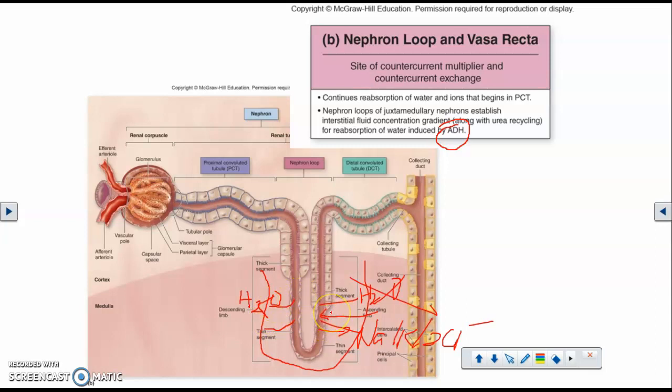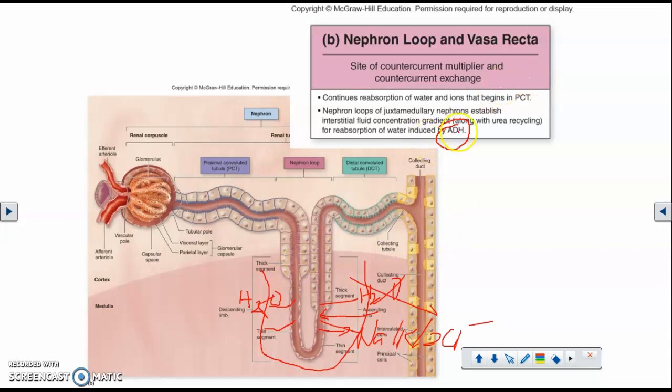Remember, hypertonic, hypotonic, isotonic. So if you make a hypertonic solution by having a lot of solute, sodium, potassium, and chloride ions in the blood, water follows because of osmotic pressure. If you do not reabsorb too much sodium, potassium, and chloride, then not a lot of water follows. So this is another way for you to control water reabsorption.